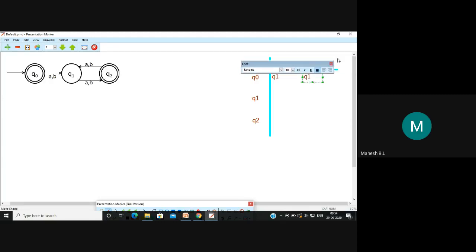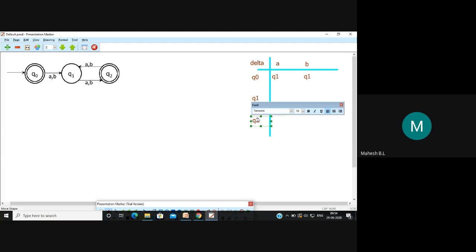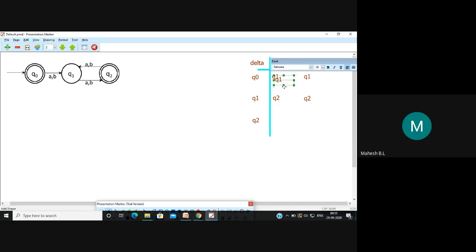Then Q1 on A and B, the transition is to Q2. Then Q2 on both A and B, the transition is to Q1. So this is the transition table for the given DFSM.